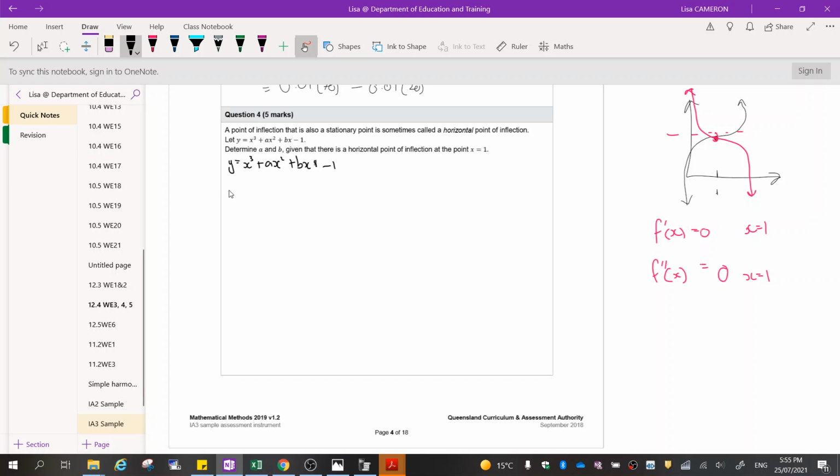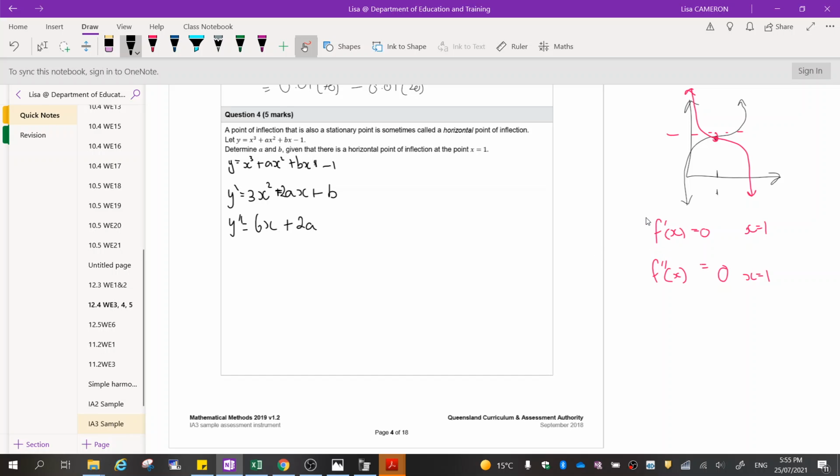Won't give you any extra marks, I just like to state things. So then we take the derivative, it is equal to 3x squared plus 2ax when we take the derivative, plus b. Next one, double dash, take the derivative of this function, 6x plus 2a.